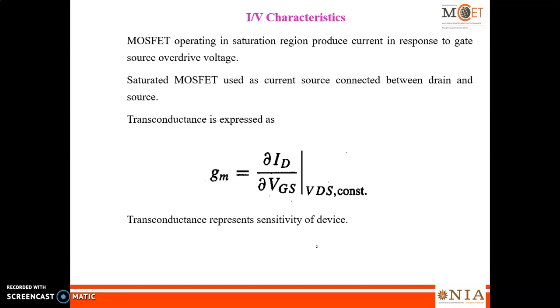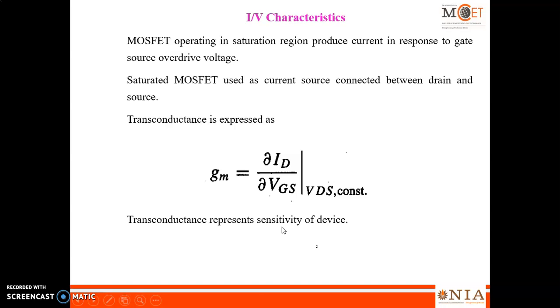From this you can derive one factor and you call it transconductance. Transconductance you normally express as the ratio of change in drain current with respect to change in gate source voltage when drain to source voltage is kept constant. The transconductance term indirectly represents the sensitivity of the device.